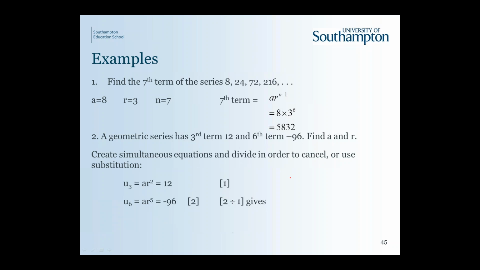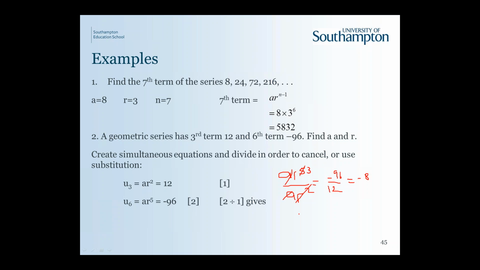So I get AR to the 5 over AR squared is minus 96 divided by 12. The A's cancel, and R to the 5 is 5 R's, divided by R squared means I end up with just 3 R's on the top. Minus 96 divided by 12 is minus 8.